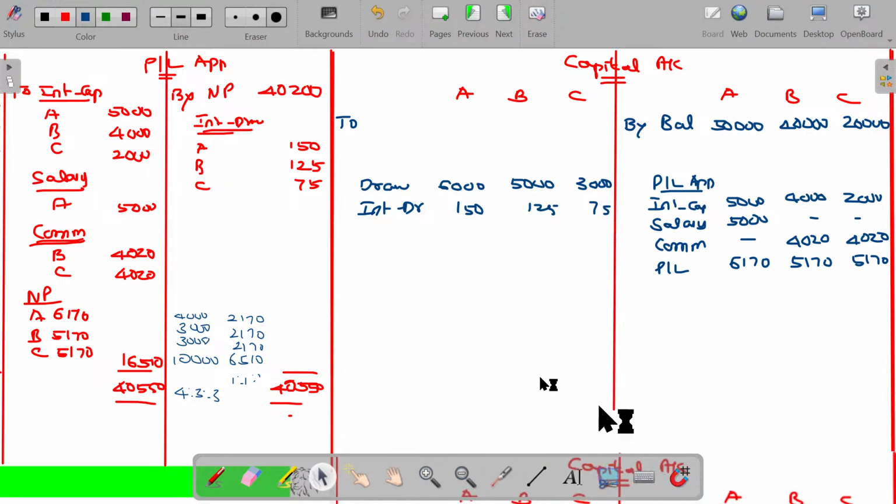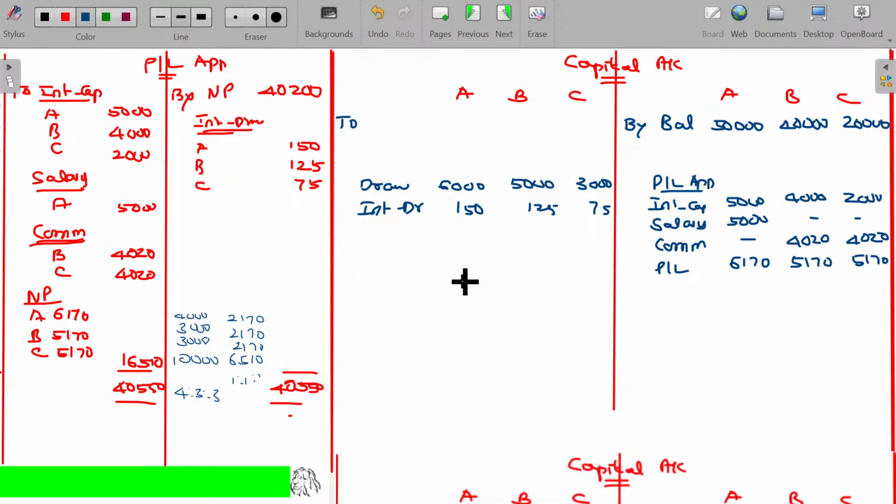Now, finish up telling this. The final balance will be the balance carried on, transferable to ABC's capital account or their capital in the balance sheet.